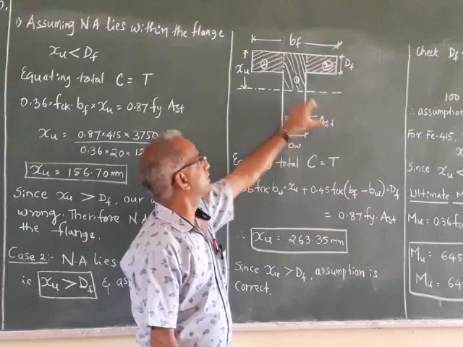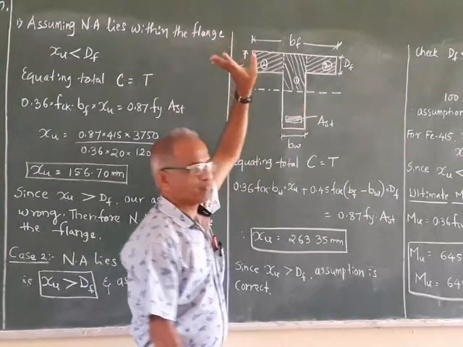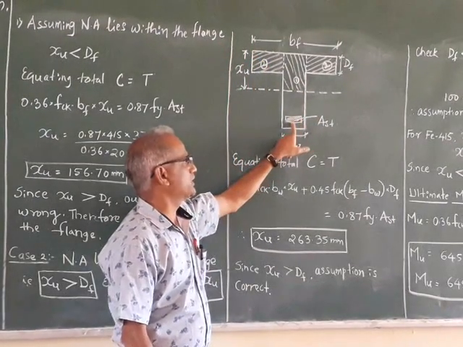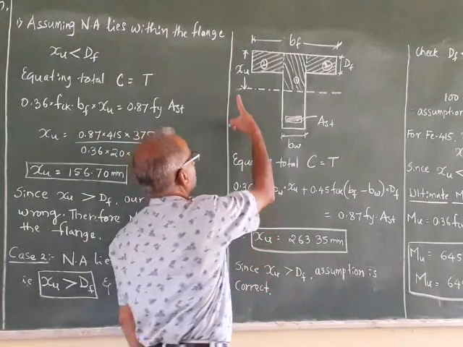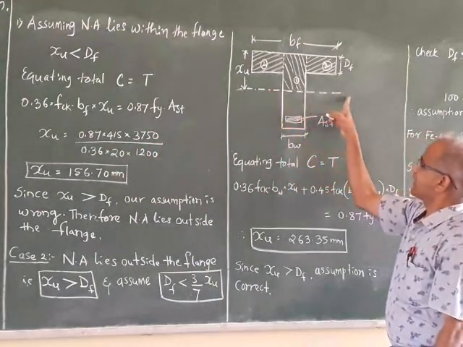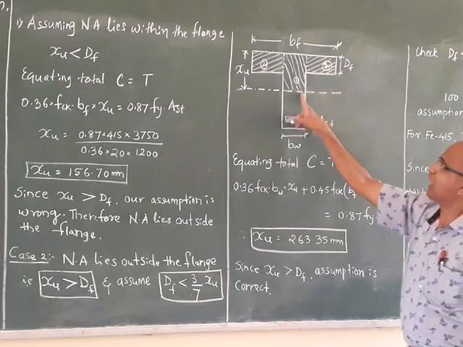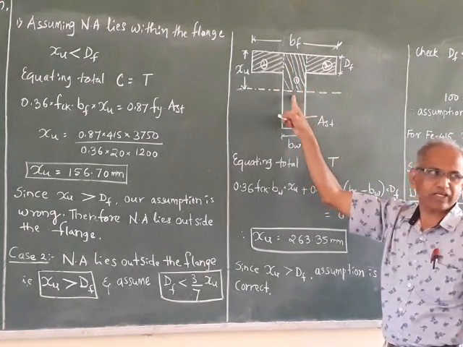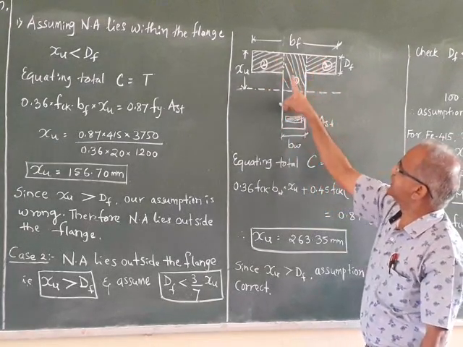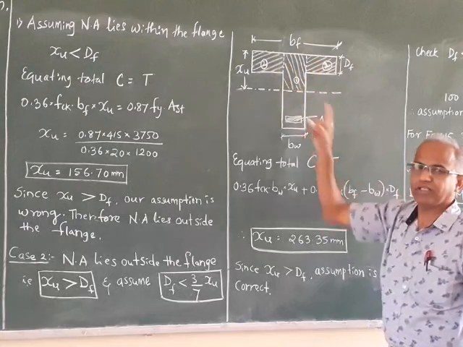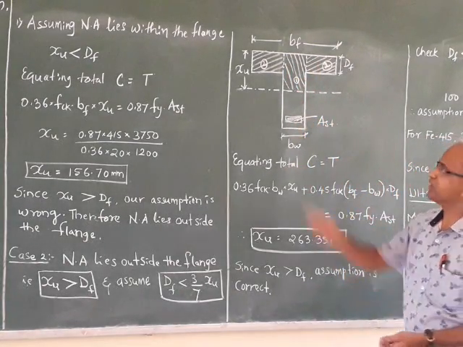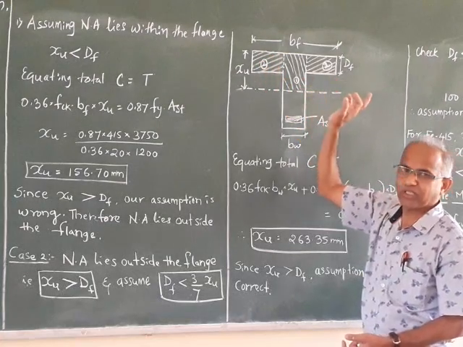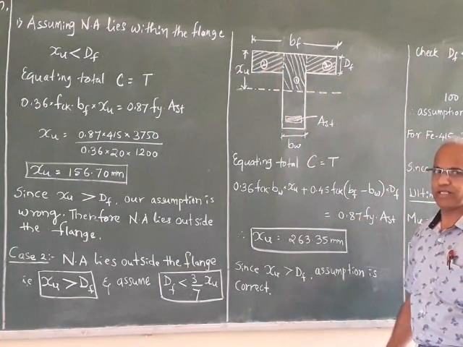So this is the neutral axis XU, DF. And this is the total AST provided in the beam. Now again try to understand here. Whatever the portion above this neutral axis, this hatched portion, is the compression zone, and this will be the tension zone. Now this total compression zone is divided into two rectangles.